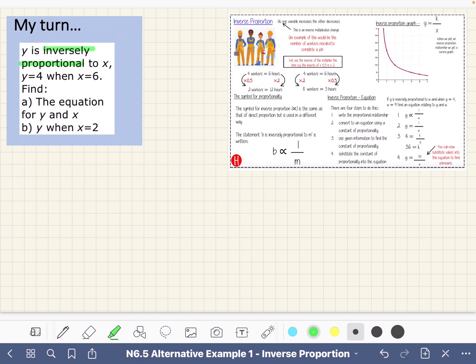If we look at the my turn example, it tells me that Y is inversely proportional to X. That means I'm taking my Y and I'm saying it is inversely proportional to, and using the X underneath. Now I'm going to write those in. So we have Y is inversely proportional to X. That is our step 1.